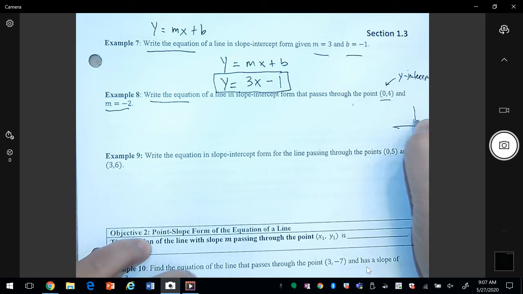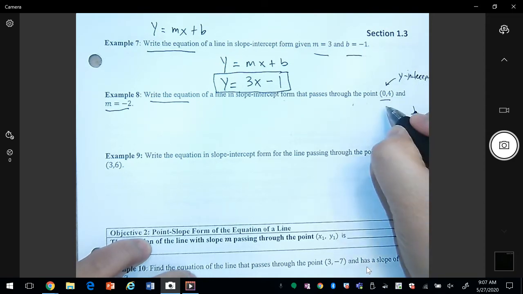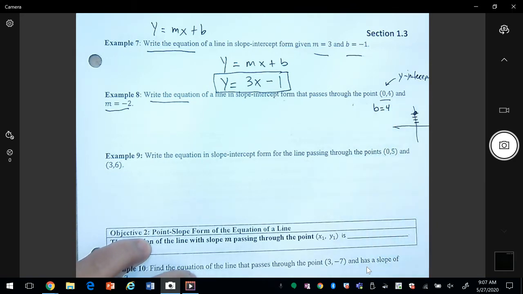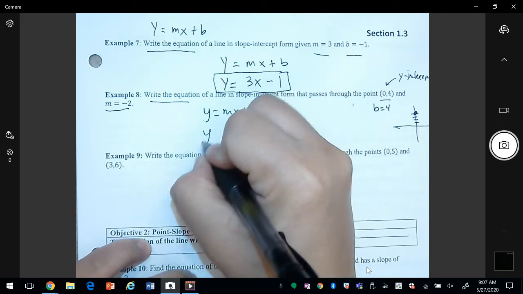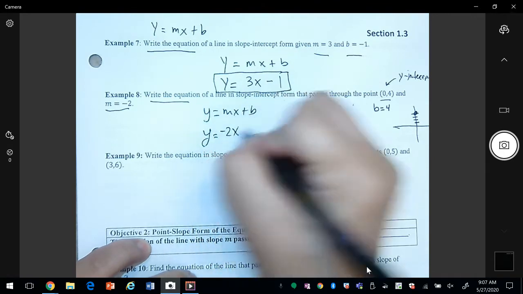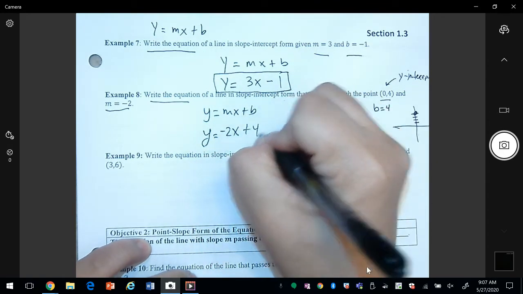If you were to plot that point, you can see that it's right on the y-axis, so your line is going to cross the y-axis at that point. So in this example, b is equal to 4. So now I can write the equation. My slope is -2 and my b is 4.